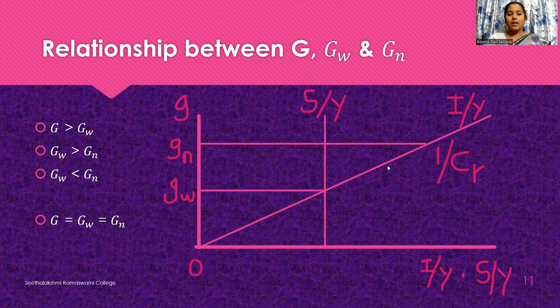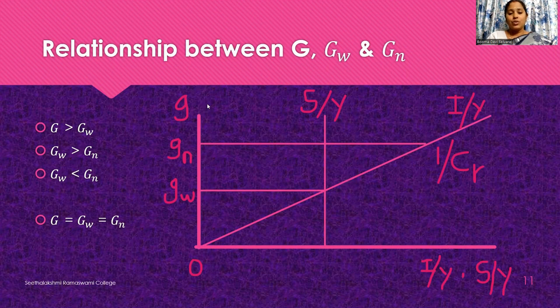Let us understand the relationship between G, GW and GN with the help of a diagram. In the horizontal axis, we are going to measure investment and savings, and in the vertical axis, we are going to measure the growth. This diagram shows a situation in which GN exceeds GW.